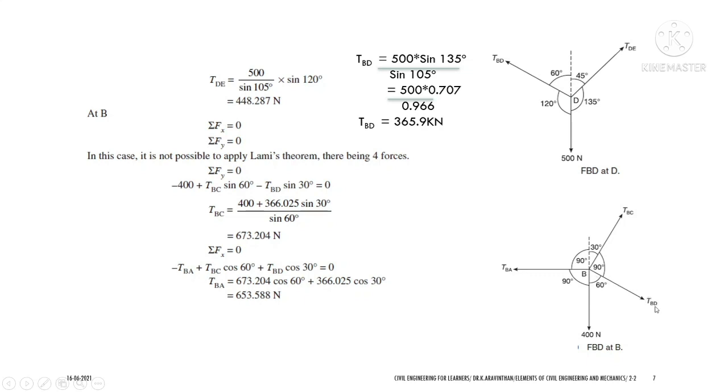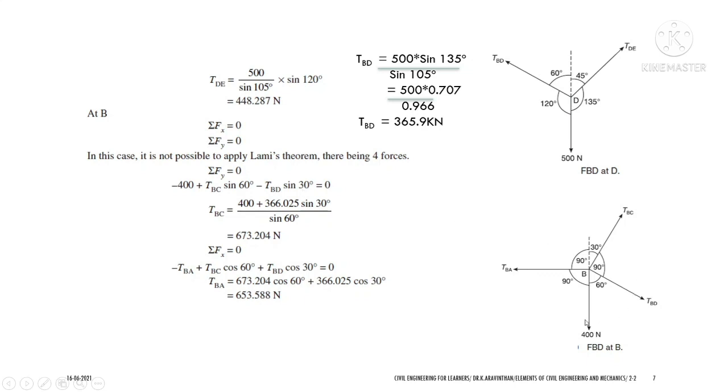You are having TBD and let us resolve it vertically. So always while resolving, take the angle with respect to horizontal. So if this is 60 degree, the remaining angle will be 30 degree. So TBD into sine 30 degree.